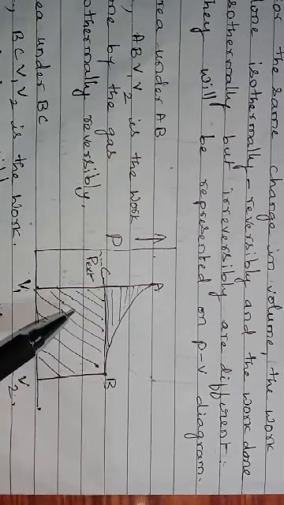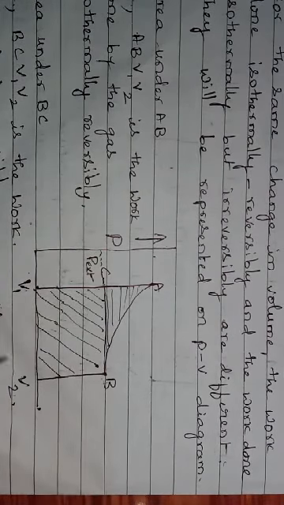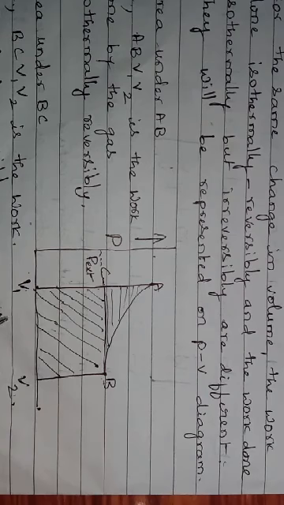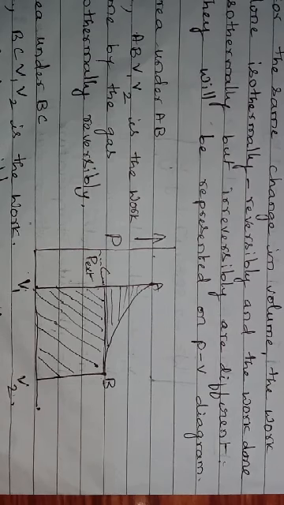In the reversible process and the irreversible process, the delta V value is the same because the final volume is V2 and the initial volume is V1. The difference delta V is equal to V2 minus V1. Only the P value is different.